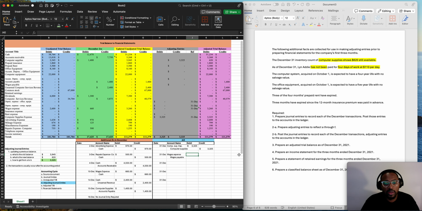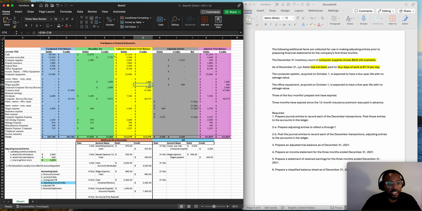So then the question is, what about the amount? In this case, you don't have to follow this template because it already tells us. It says that this person was not paid for 4 days and they get paid $110 a day. So that means $440 is what we need to put into the wages expense as a debit, and then we need to credit wages payable.